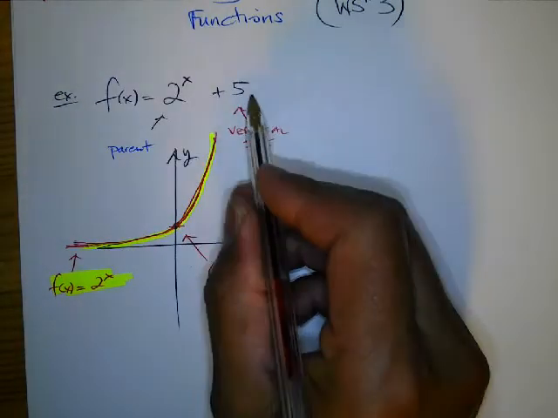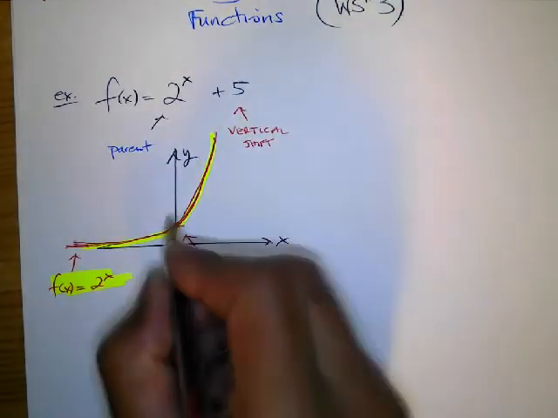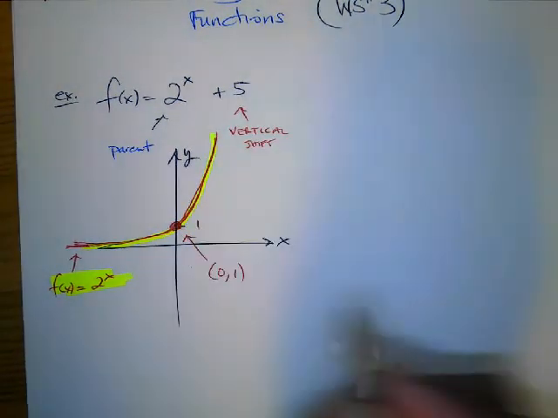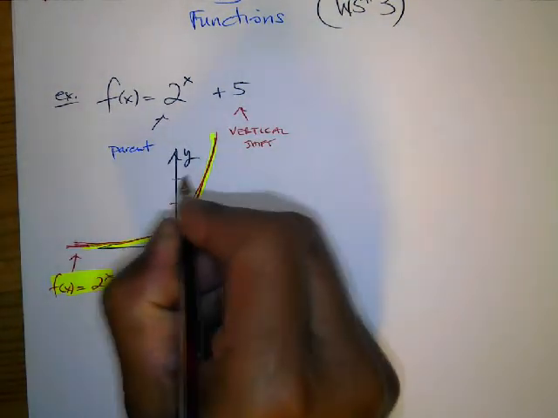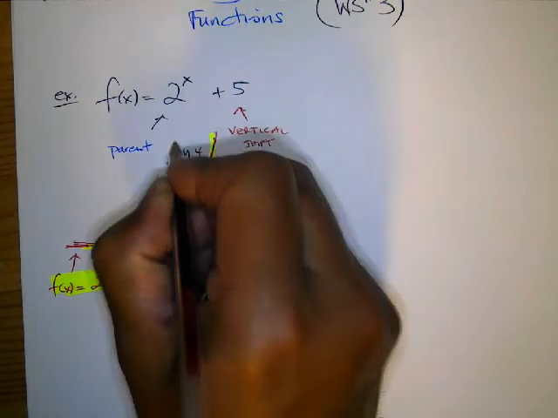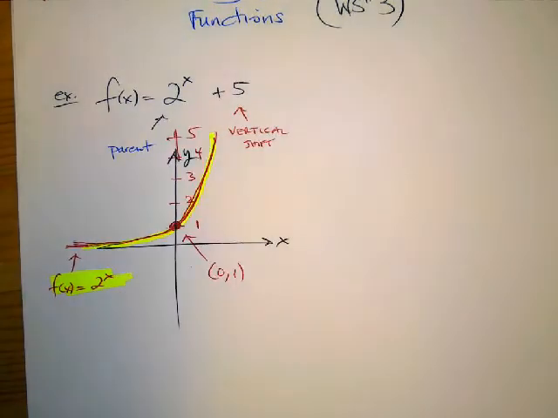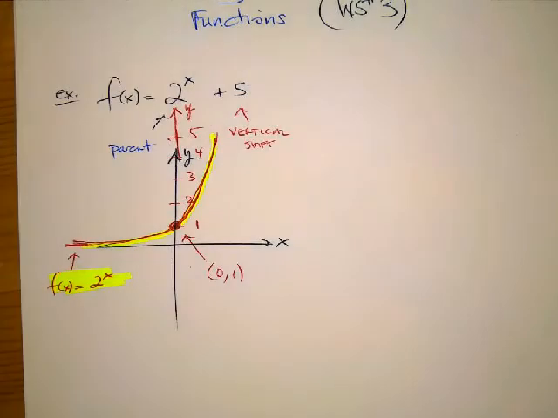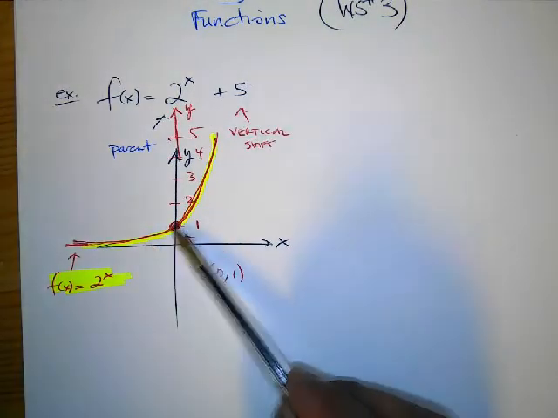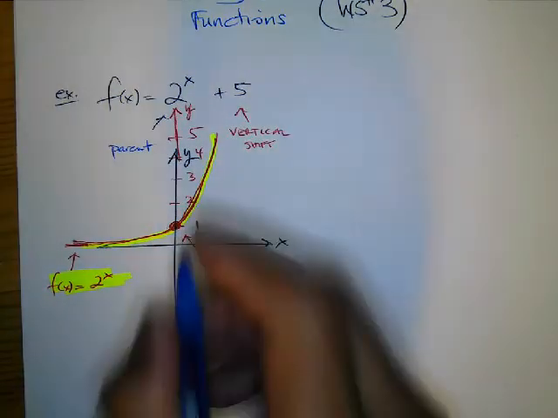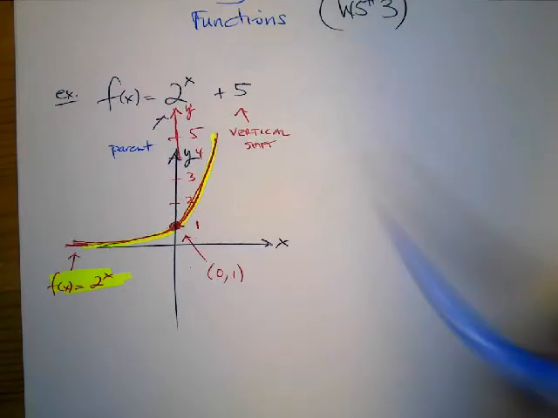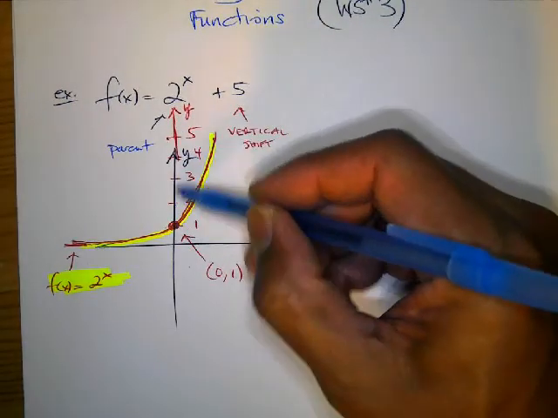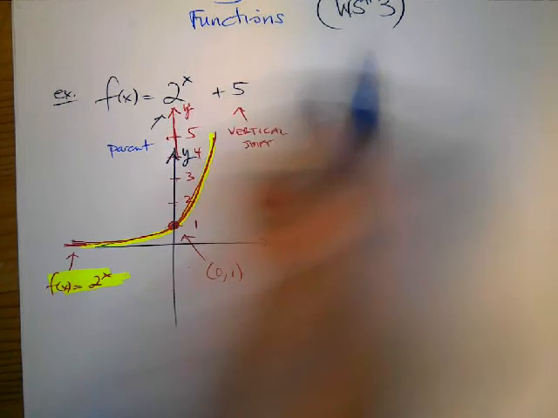And then now your vertical shift up 5 is what? Well, we get this critical point, and we just go, remember, we're on 1 right now, so 2, 3, I'm going to run out of space here on the y-axis. The vertical shift would just take this point and move up 5. 1, 2, 3, 4, 5.